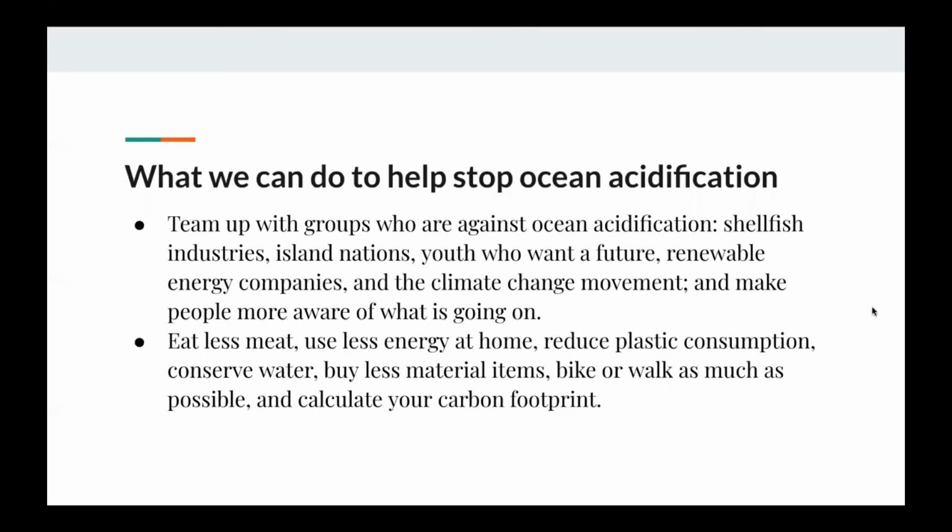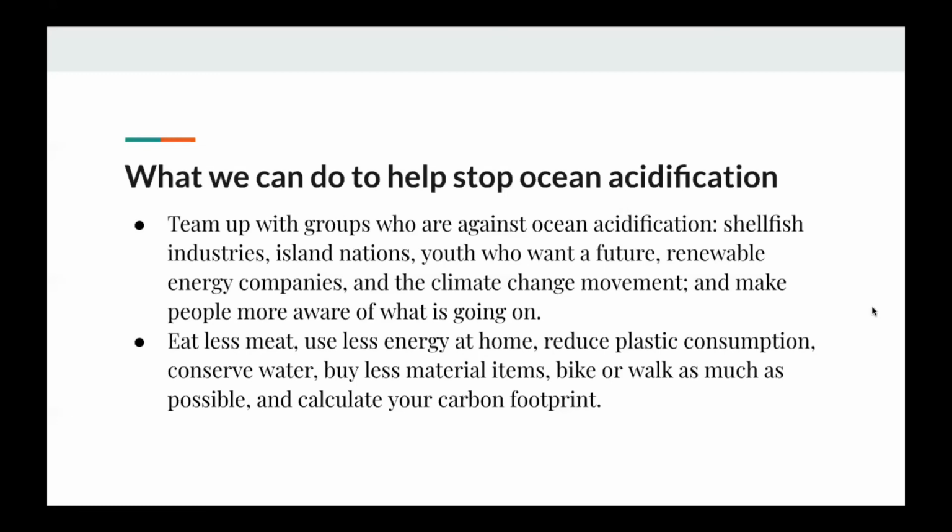Not all energy used in our homes is renewable, so by using non-renewable energy, we're releasing carbon dioxide into the atmosphere because fossil fuels have CO2 in them, and that contributes to ocean acidification as well.